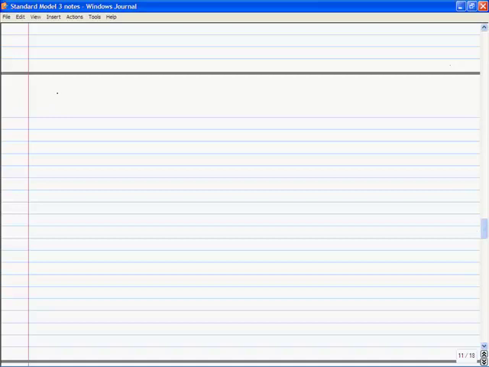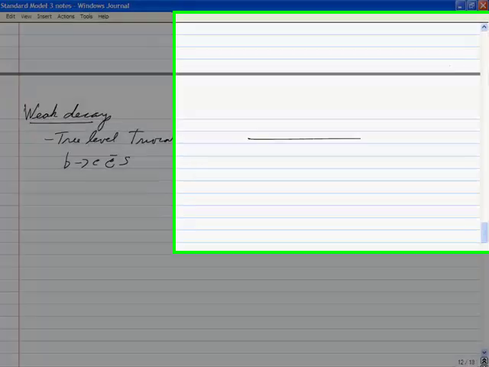The first thing I'd like to actually do with it is weak decays. The tree level diagrams are trivial. So for example, let's take B goes to C, C bar S. Draw the picture.